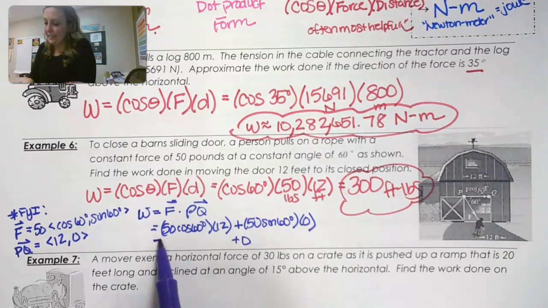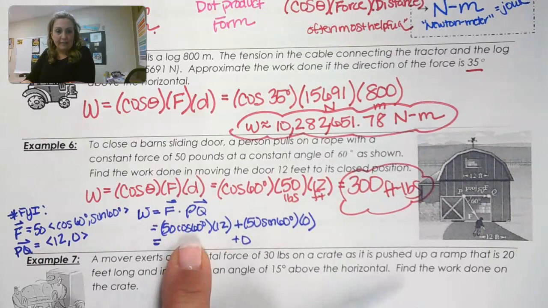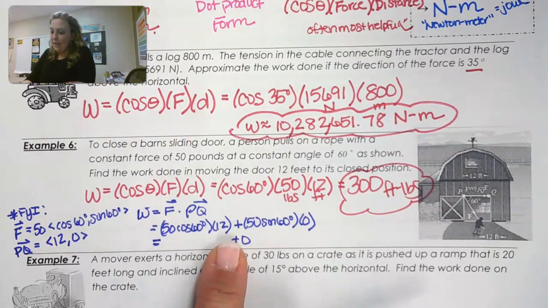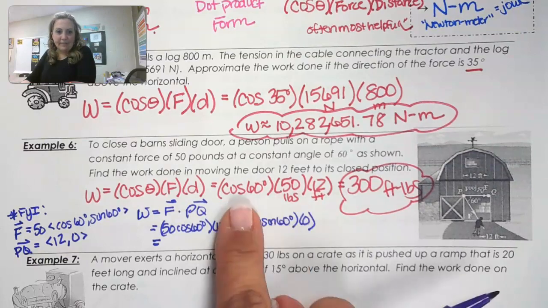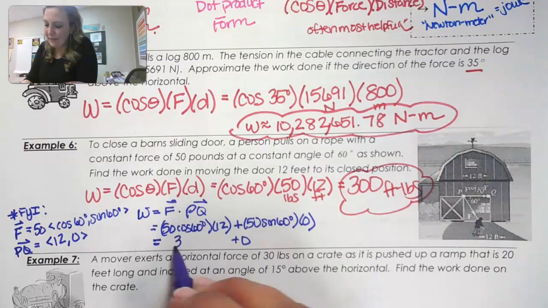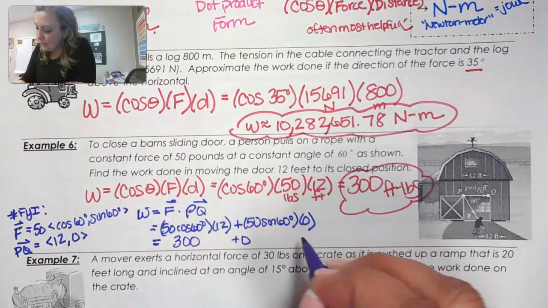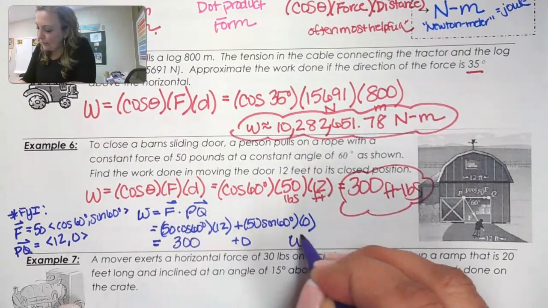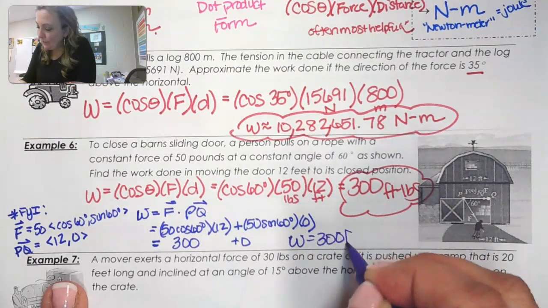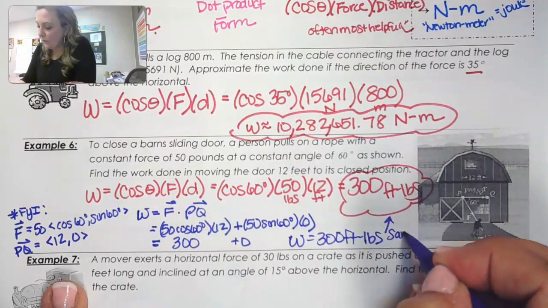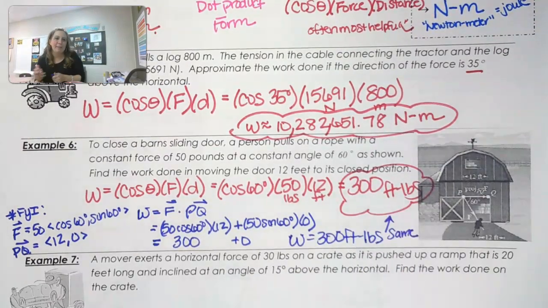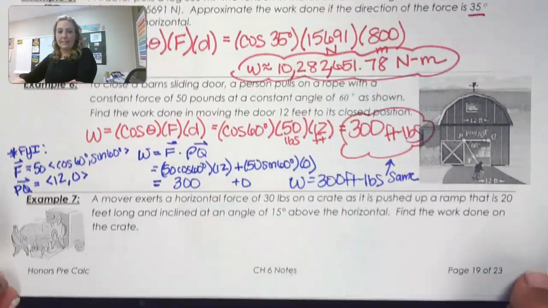And so then we would just take 50 times the cosine of 60 degrees times 12. Oh, isn't that what we have here? Do you see how they end up being the same thing? So again, we get that our work is going to be 300 foot-pounds, and notice that that's the same. So if there's a non-application problem, then sometimes that dot product form is nice to use.